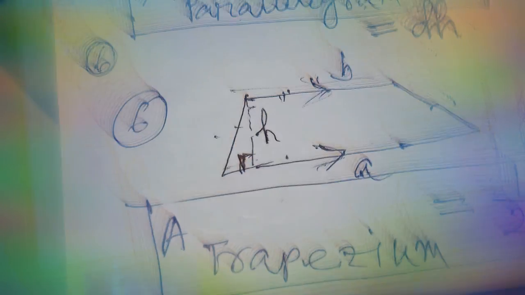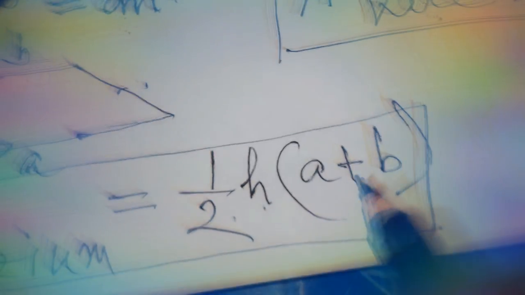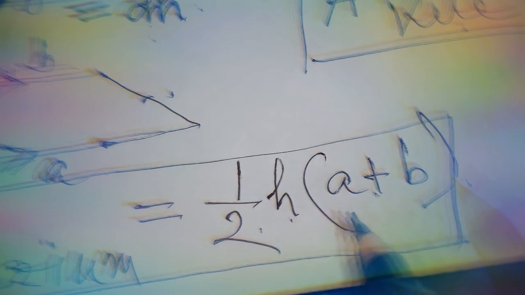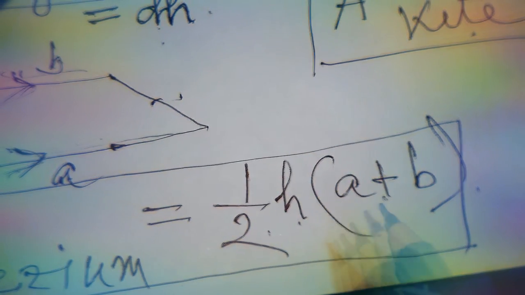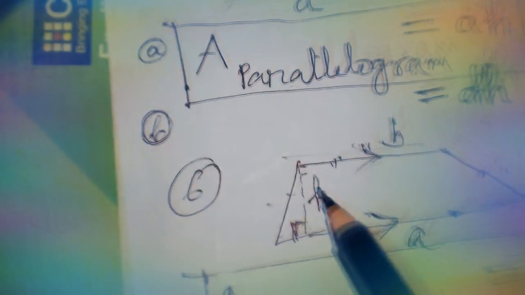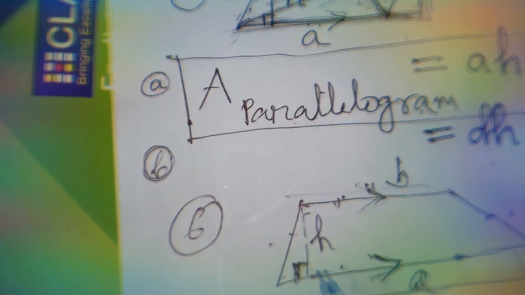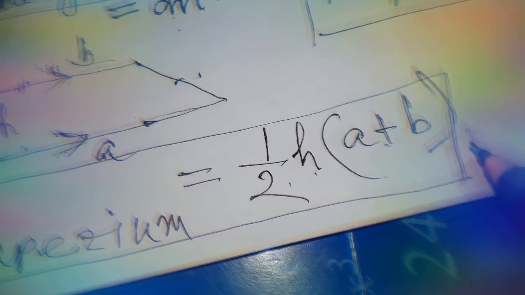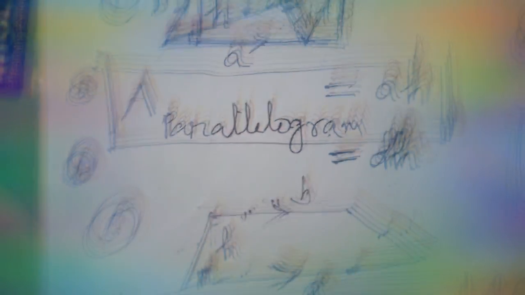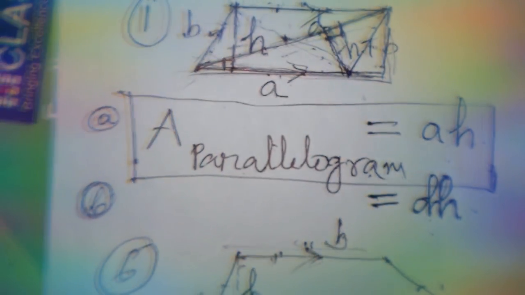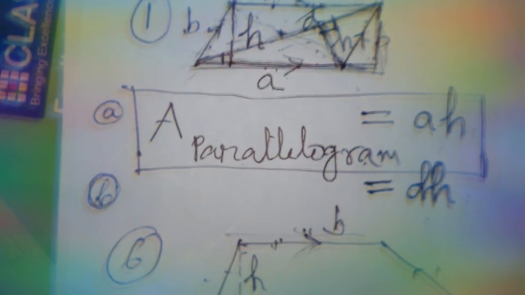So the area of a trapezium is half h into a plus b. Half the distance of these two parallel sides and their sum, a plus b. So that is all about the area of quadrilaterals and their conversions.